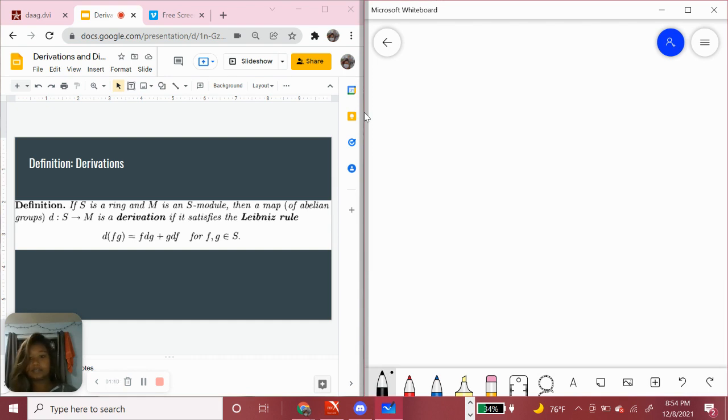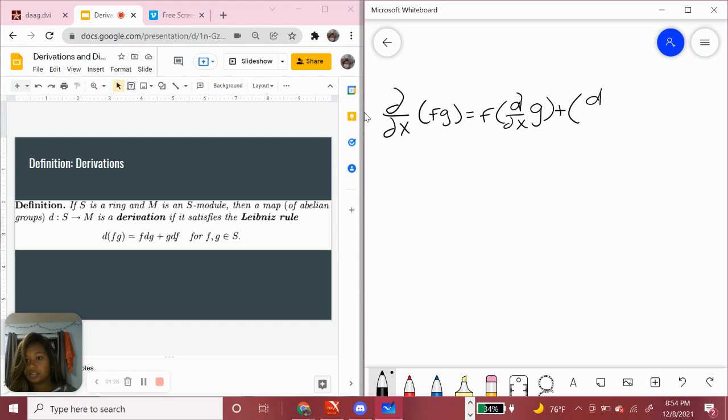It is the derivative, apologies for my handwriting, of f g equals f d/dx of g plus d/dx of f times g.